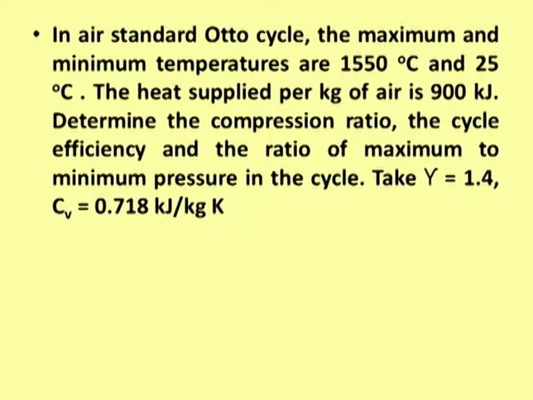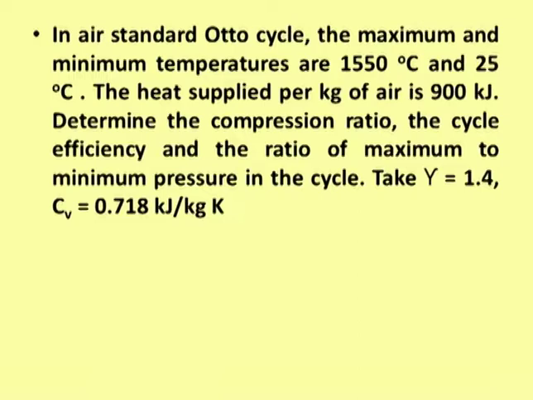Let us have one exercise based on the Otto cycle. In an air standard Otto cycle, the maximum and minimum temperatures are 1550 degrees centigrade and 25 degrees centigrade. The heat supplied per kg of air is 900 kilojoule.